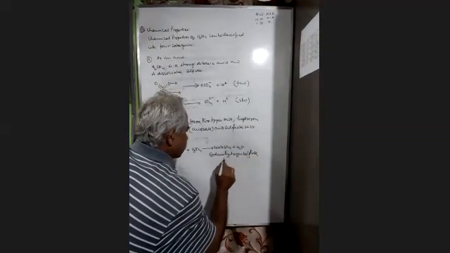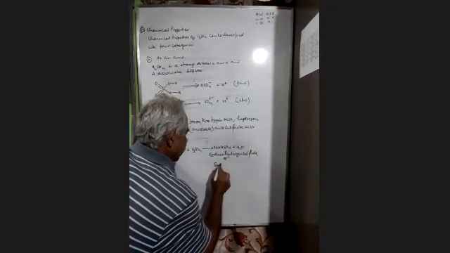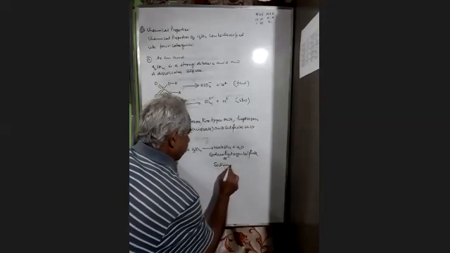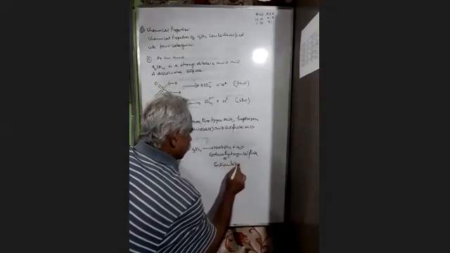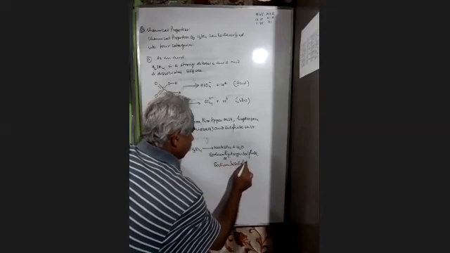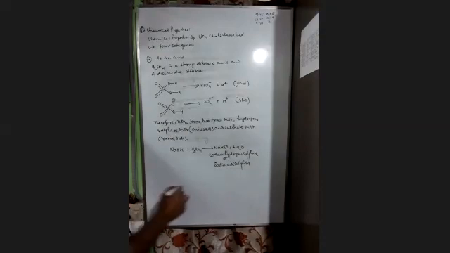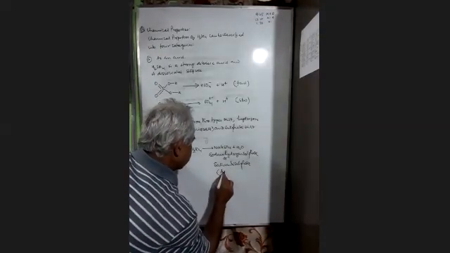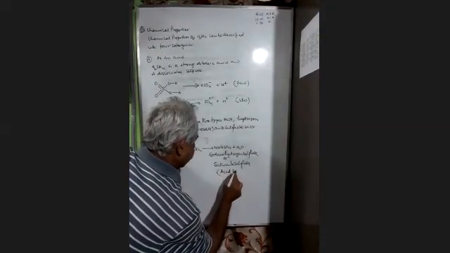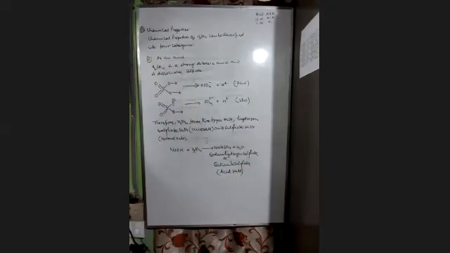This is also known as sodium bisulfate. This is common. See, it is still having a hydrogen which can go out. Because of that, we call it an acid salt.